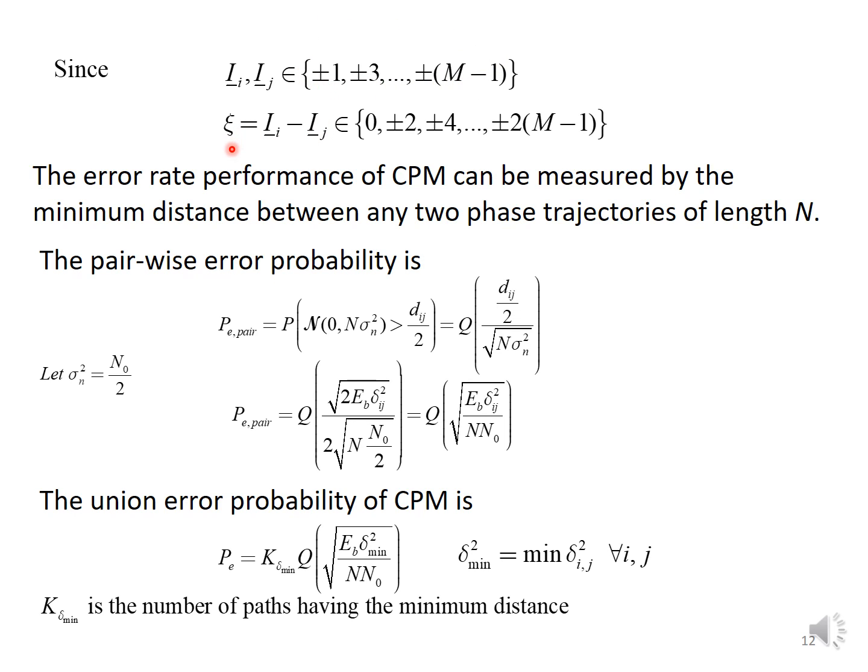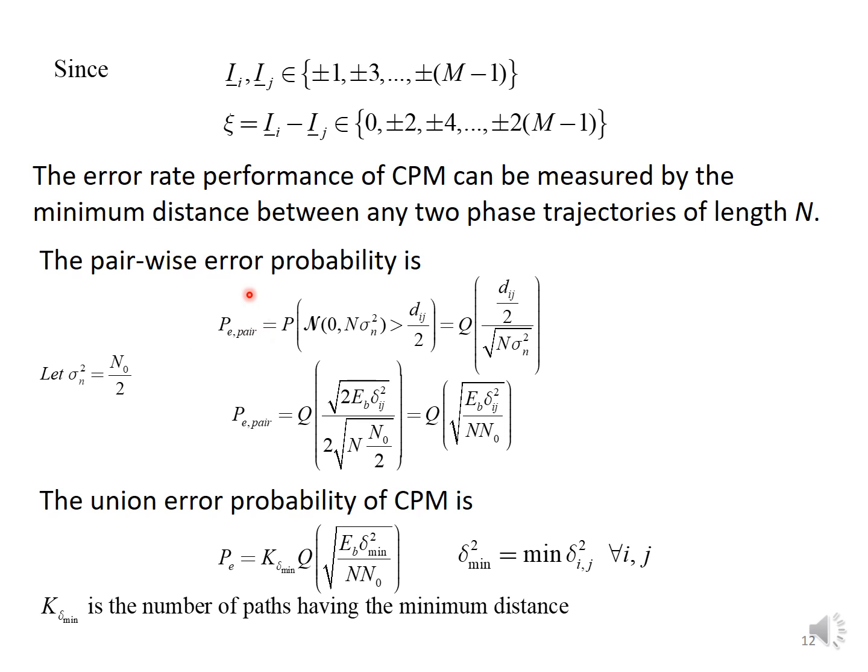And epsilon is the difference between sequence I and sequence J. So every component would belong to the set of 0, plus or minus 2, plus or minus 4, and so on. It's not as complicated as it looks.